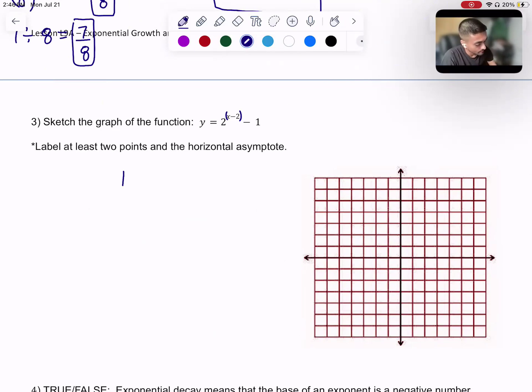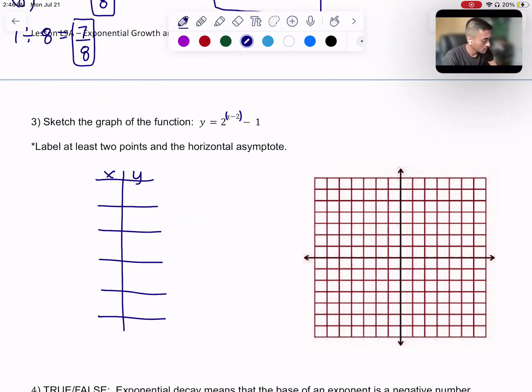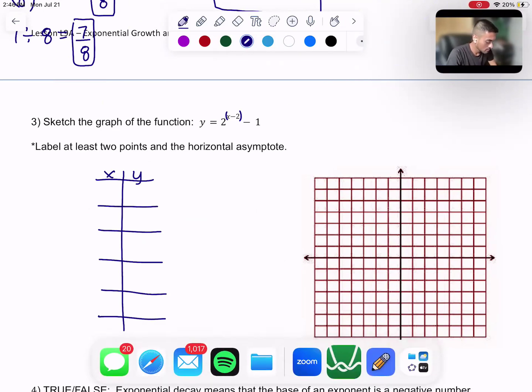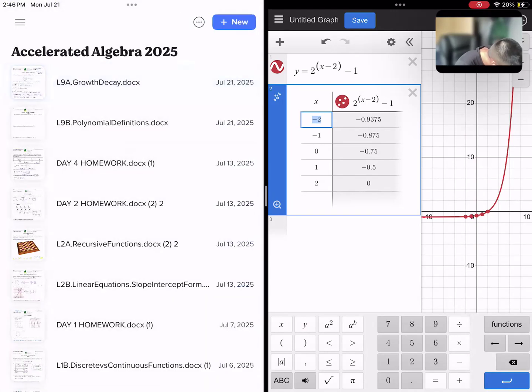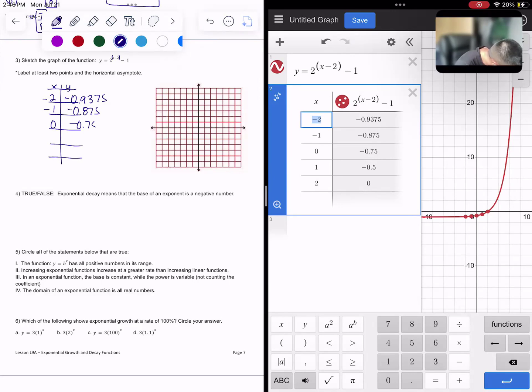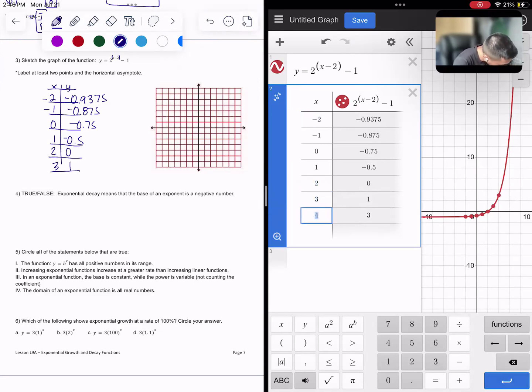So we have minus 2, minus 0.9375, minus 1, minus 0.875, 0, minus 0.75, 1, minus 0.5, 2, 0, and we can extend the table. 3, 1, 4, 3, and even 5, 7. Okay, so we should be good to go.